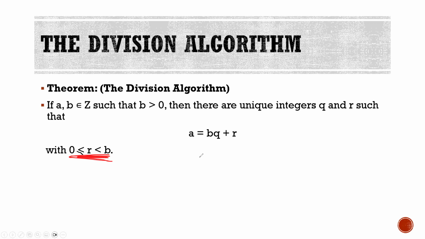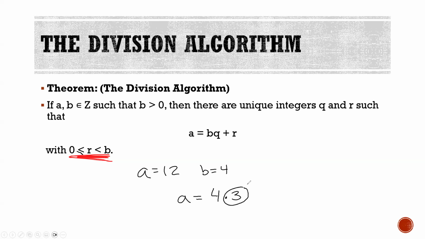I'll do another example in a second, but let's say A was equal to 12 and B equaled 4, then A equals 4 times 3.